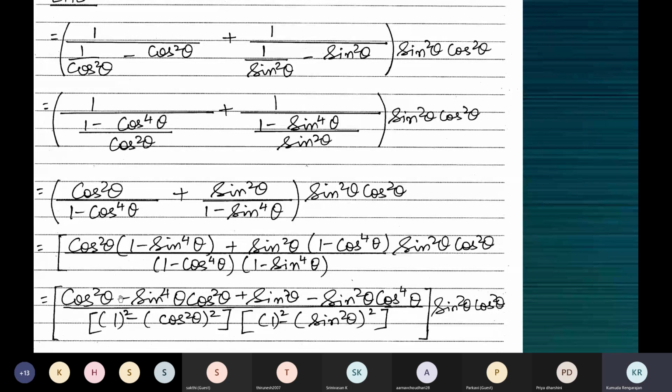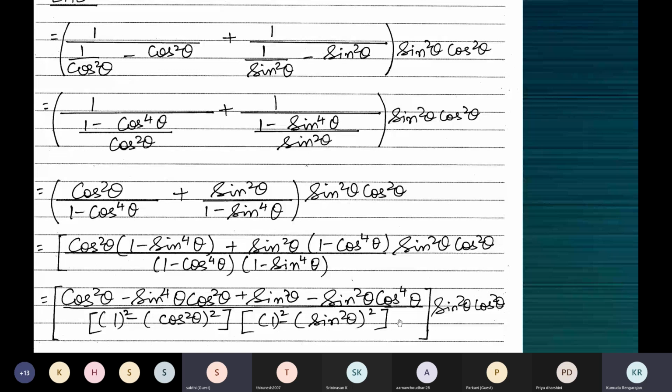After doing that, what will you have? Cos square theta plus sin square theta is 1. Then what will be remaining? Minus sin to the power 4 theta cos square theta minus sin square theta cos to the power 4 theta.